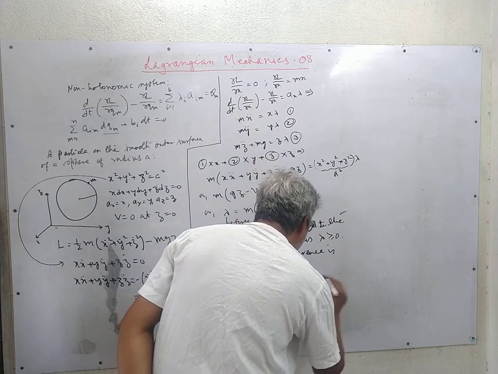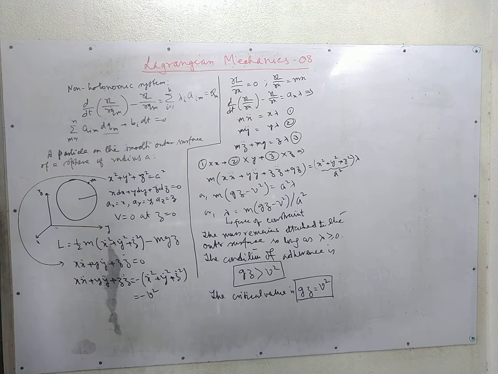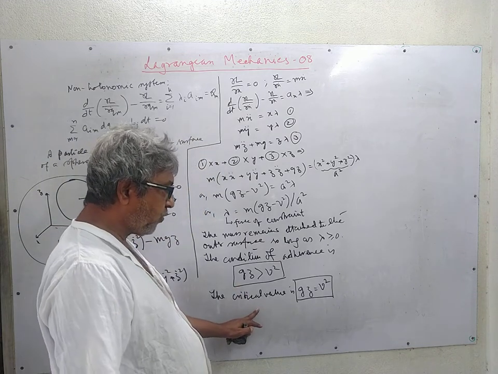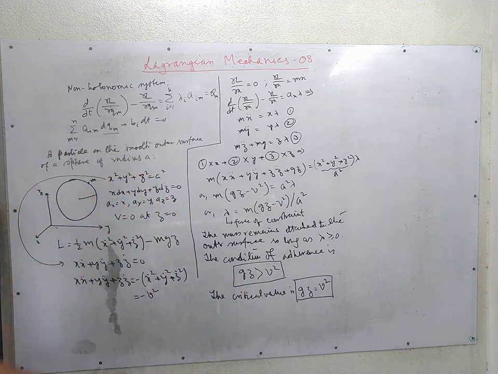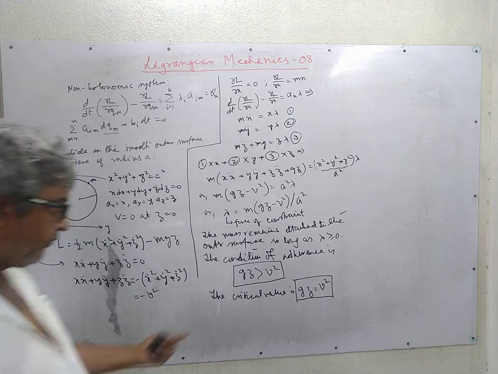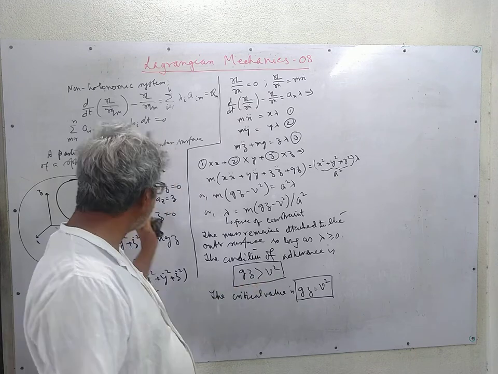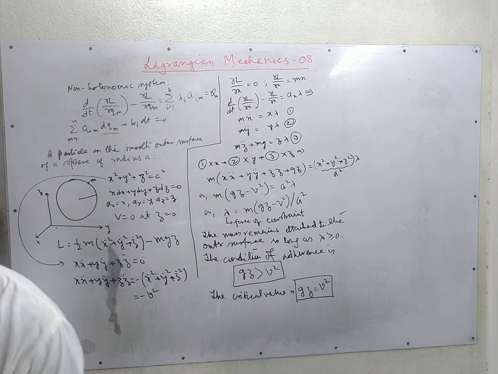This is the critical value, the situation when the body is just on the verge of slipping off the spherical surface. And if gz is less than v square, then it flies off the spherical surface.